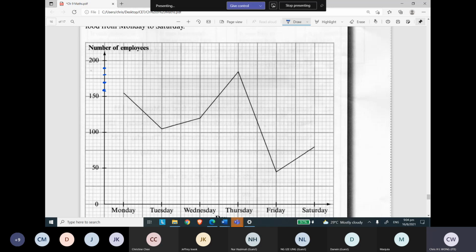So 150, 160, 170, 180, 190. Yeah, so every 2 squares is 10, so this is 155. Yeah, this is 155. Okay, once you establish the first one, the rest are the same.